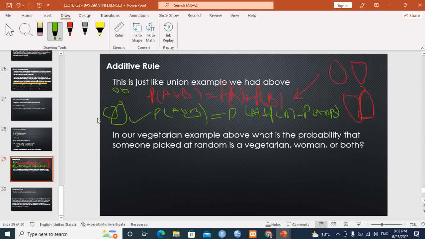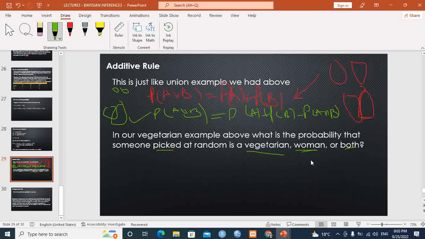Let's use the example that we had in total probabilities, the vegetarian example. If we pick someone at random, what is the probability that they are either a vegetarian or a woman, or both?